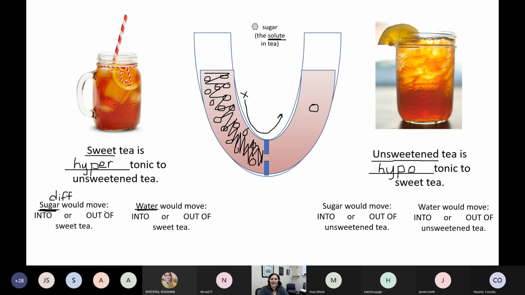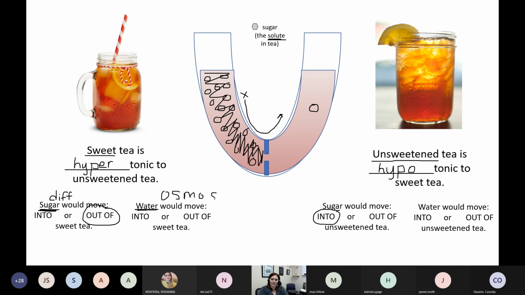The sugar is going to go out of the sweet tea and into the unsweetened tea. The sugar is going to go from high concentration, Texas sweet high, right? Concentration, to lower concentration. So if that's what happens in diffusion, then my other thing over here is osmosis.